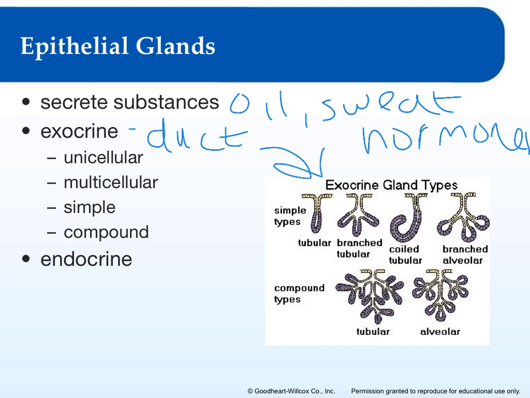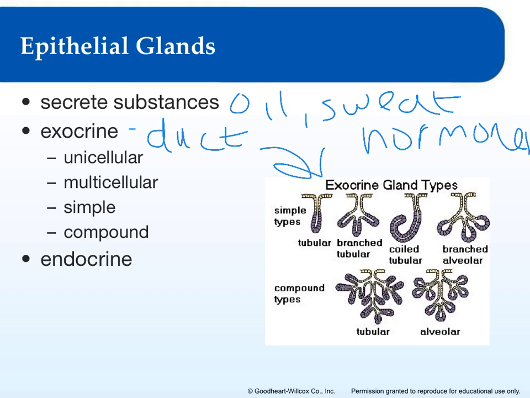So those exocrine glands can be divided a couple of ways. You can have unicellular exocrine glands and you can have multicellular exocrine glands. And then you could have what's called simple versus compound exocrine glands. A simple exocrine gland is going to have one single duct.